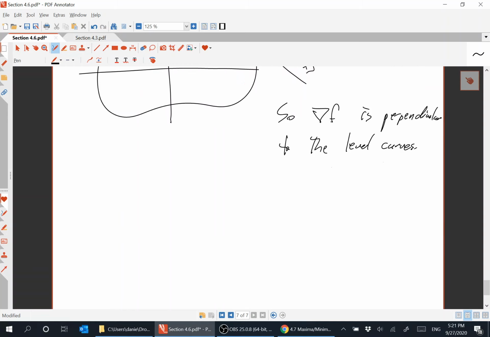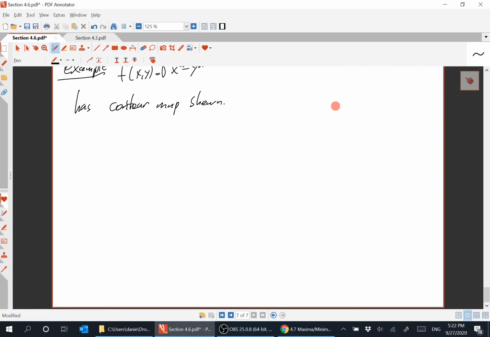So for example, consider the function f(x,y) equal to the square root of x squared minus y squared, which has a contour map. We drew this one before, and the contour map looked like this.